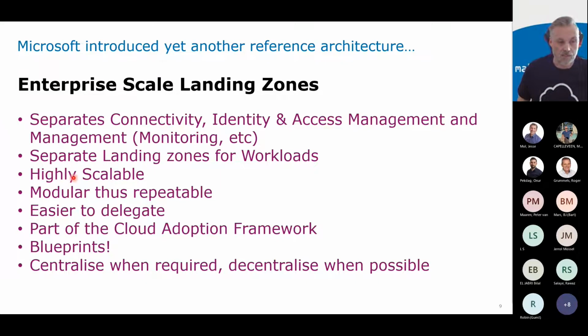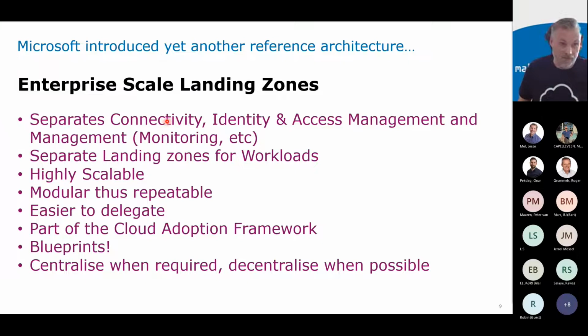This is a highly scalable architecture. The architecture is based on building blocks which are modular, thus also repeatable, so you can create it multiple times, and it's easier to delegate because you separate the specific functions.